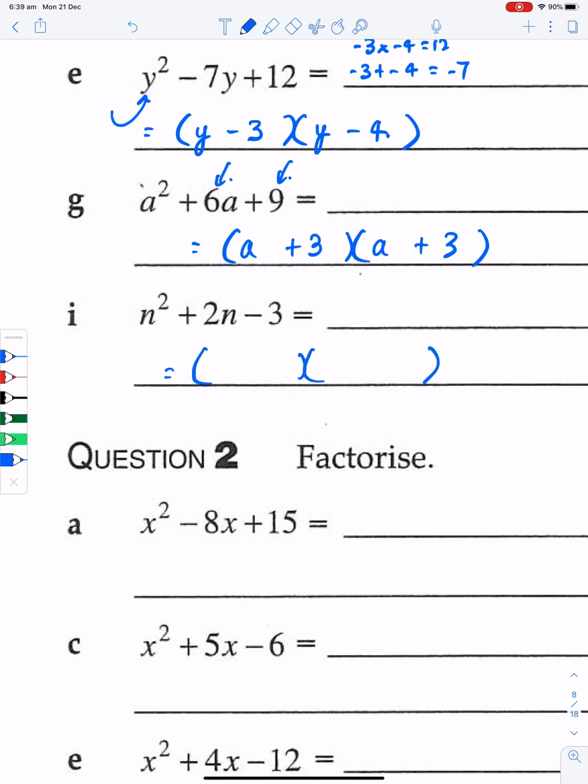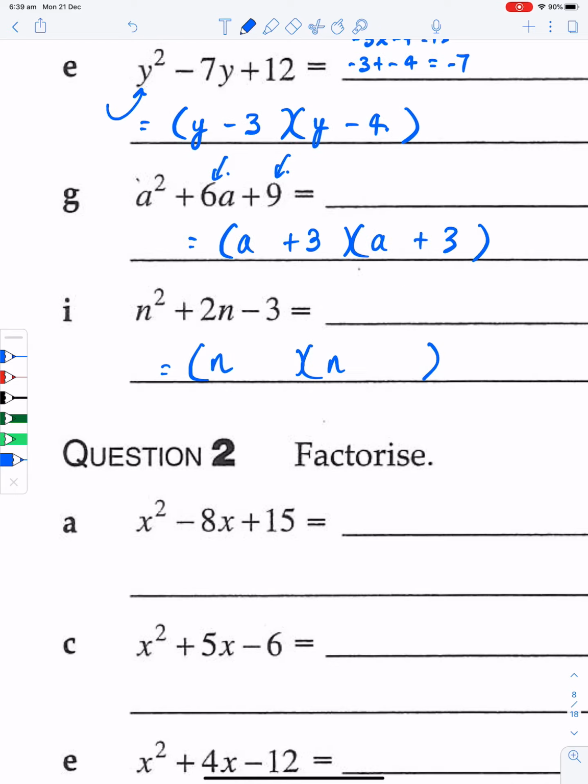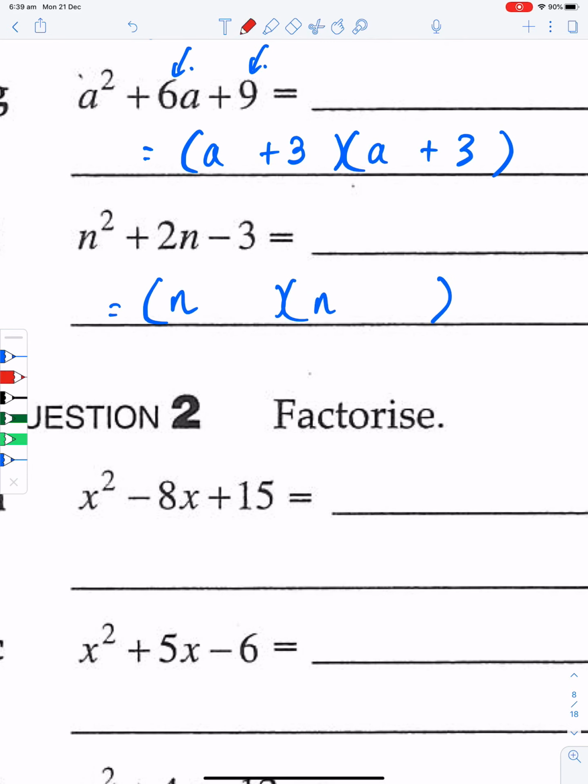Our pronumeral in this case is n squared. So we're going to put an n and an n. So now, what numbers multiply to give minus 3? Let me show you where students can go wrong here and how to be careful. The numbers that multiply to give minus 3 are minus 3 and 1, or 3 and minus 1.